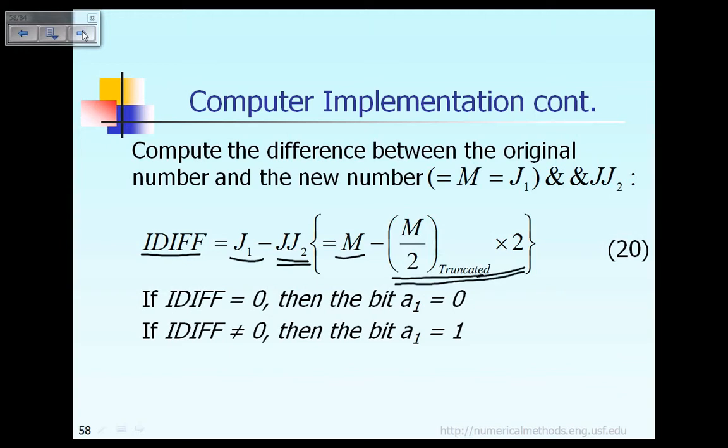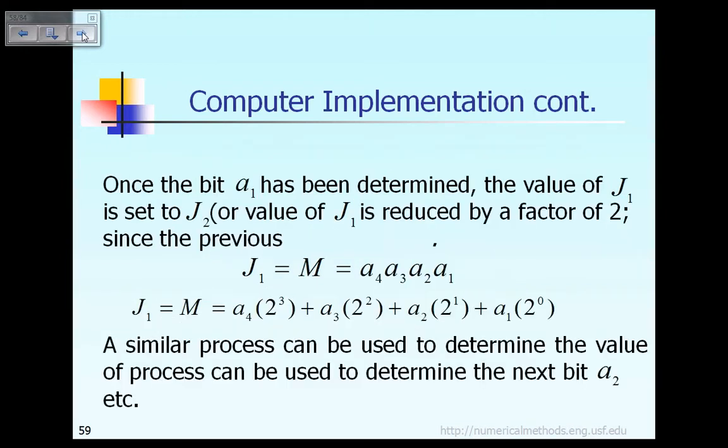Now, if the answer for this difference equals 0, then that bit A1 should be equal to 0. Otherwise, if the difference is not 0, then A1 equals 1. So now you already figure out the value of the bit A1, either 0 or 1, depending on the value of the difference.